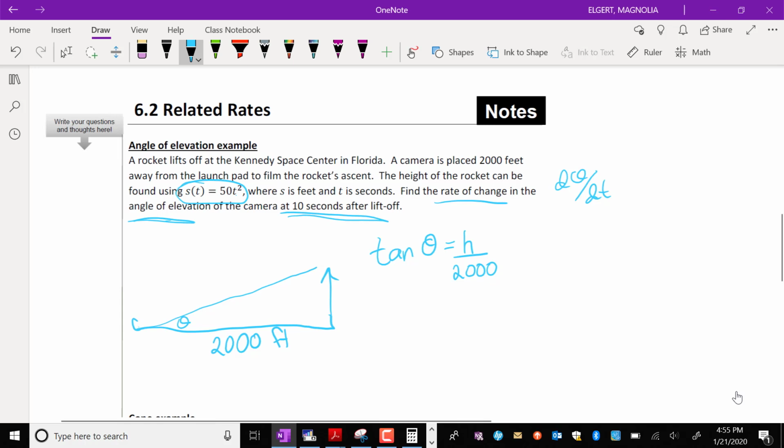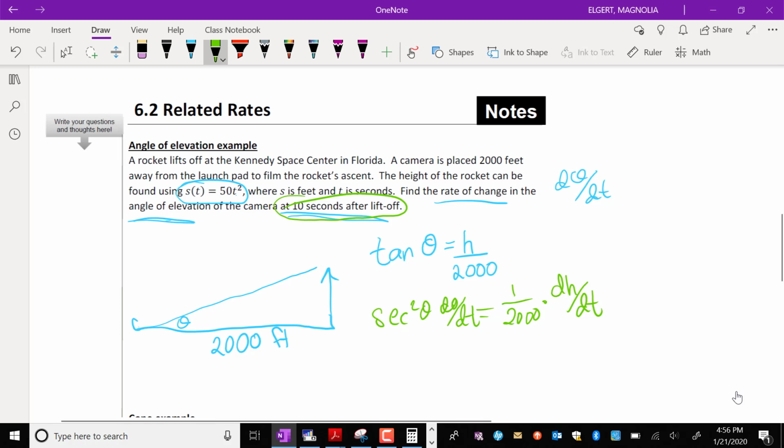Okay, so let's take our derivative and then we'll figure out what we need from there. The derivative of tangent is secant squared theta d theta dt. And we talked about this before. This is just going to be 1 over 2,000 times the derivative of h, which would be dh dt. Then we want to know at 10 seconds after liftoff, because we need to know the height side in order to get my secant.